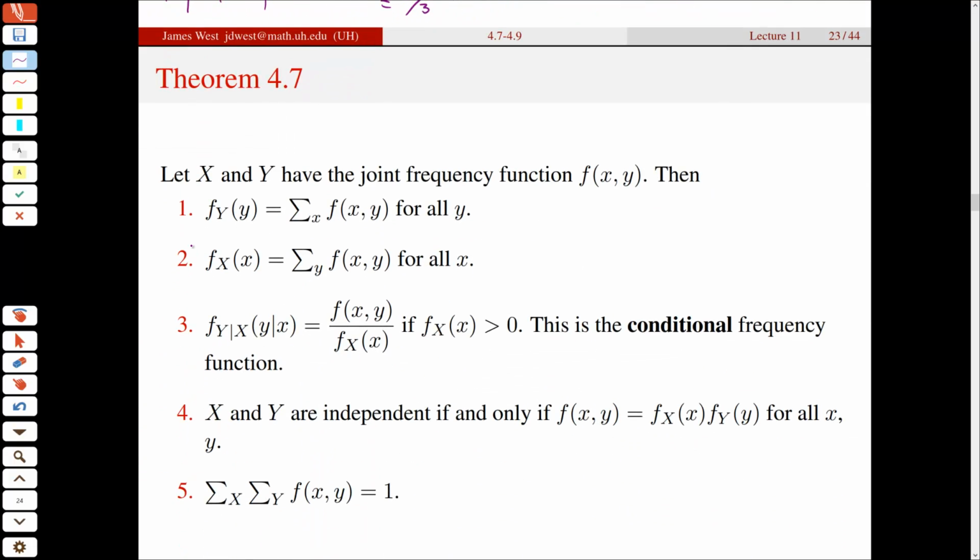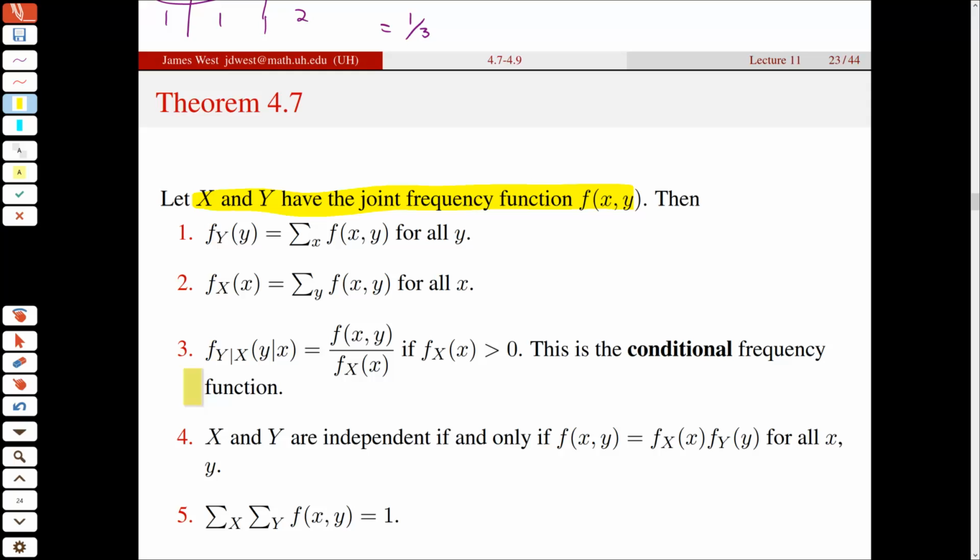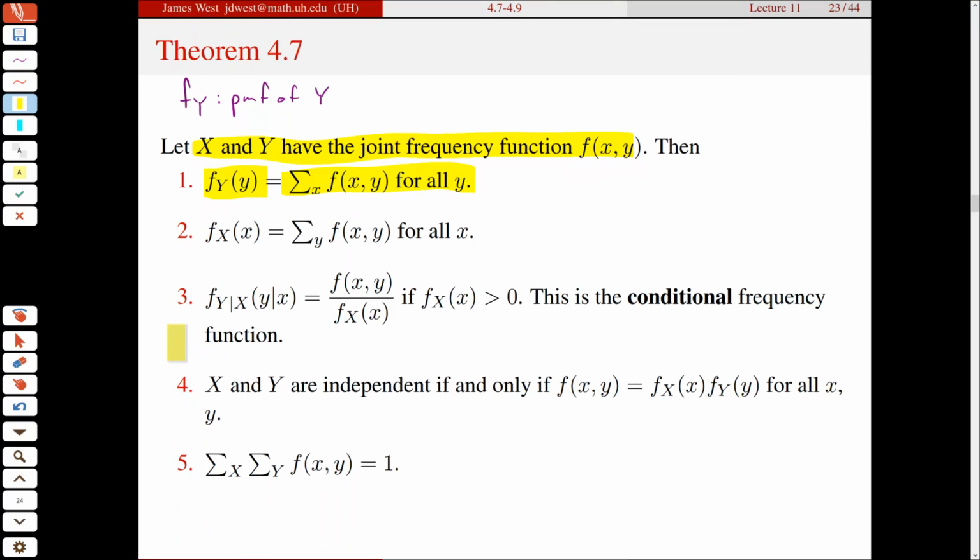We have a theorem. Let's say x and y have joint frequency function f of xy. Then fy, which is the PMF of y, is equal to the sum over all values of x of f of xy. And fx, which is the probability mass function of x, we take f of xy and sum over all y.